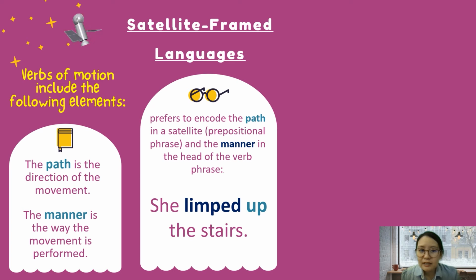The satellite-framed languages encode the path in a satellite prepositional phrase and the manner in the head of the phrase. For example, she limped up the stairs. The up here encodes the path and limped encodes the manner.